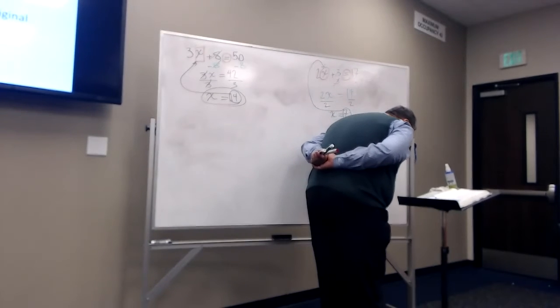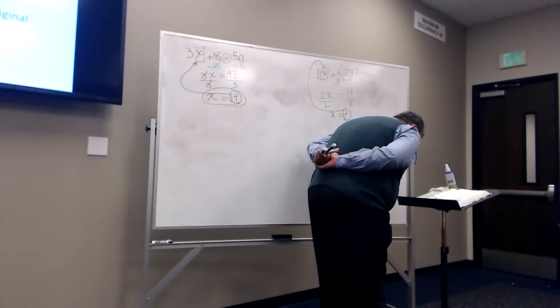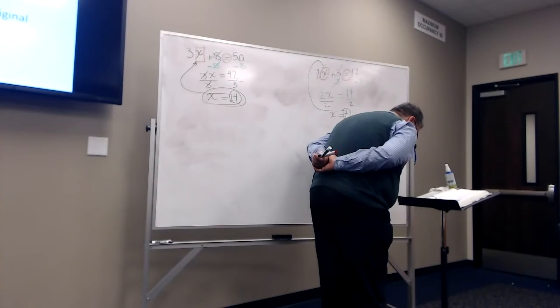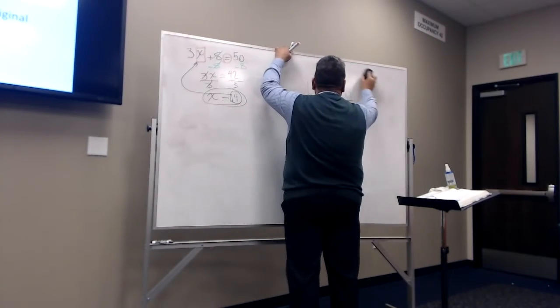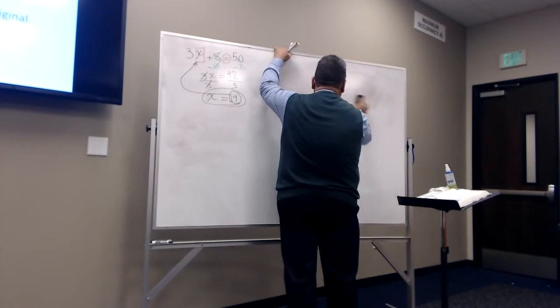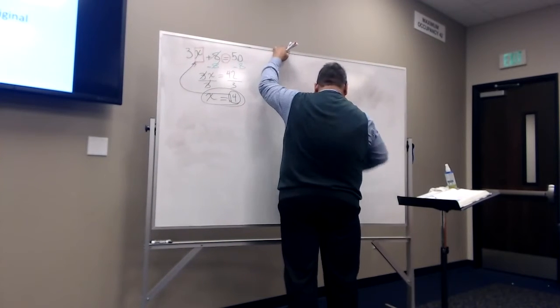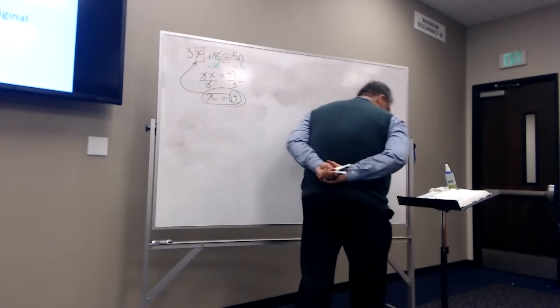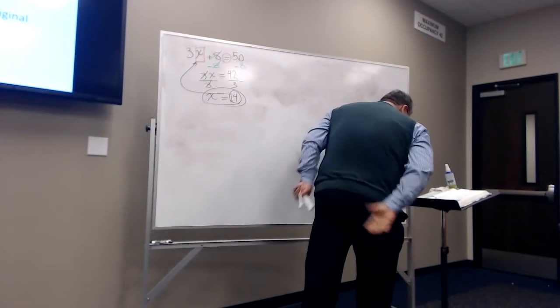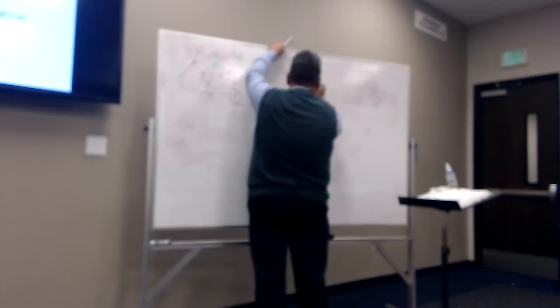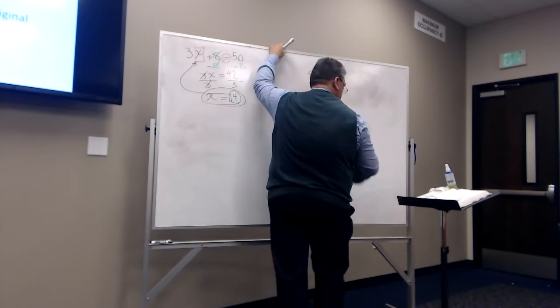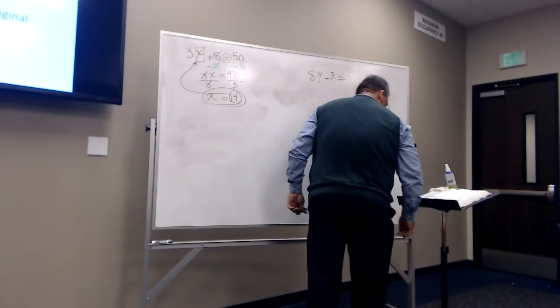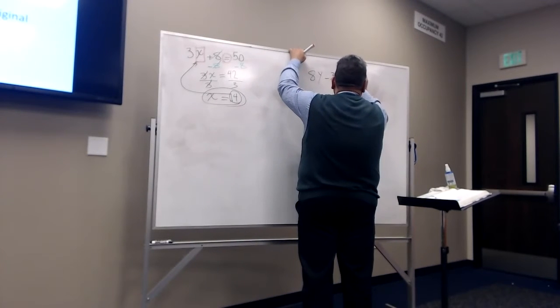Let's do number 31. 8y minus 3 equal to 11y plus 9.